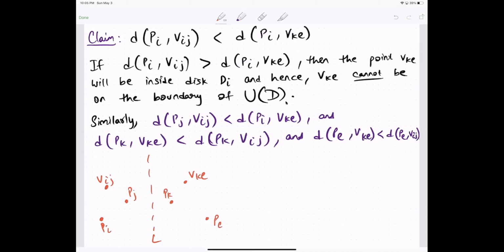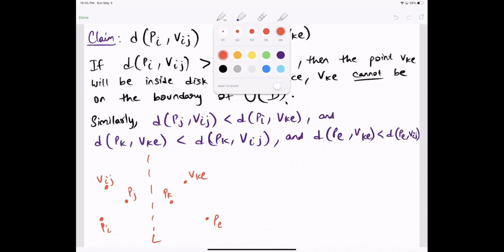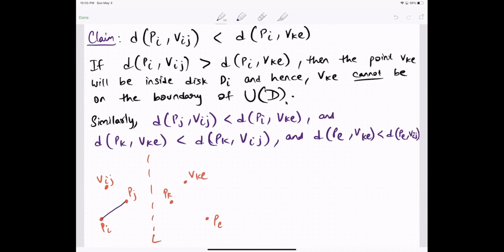So by these claims that we have made, Pi, Pj will lie on the left side of L, Pk, Pl will lie on the right side of L, right? So then, of course, the segments joining Pi, Pj and Pk, Pl cannot intersect, right? So that's the simple and nice high school geometry proof for it.